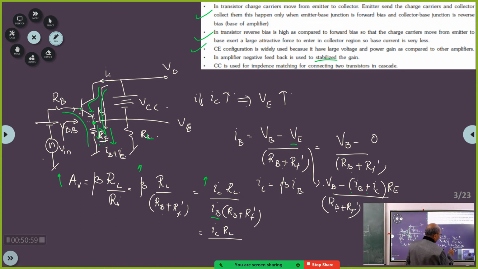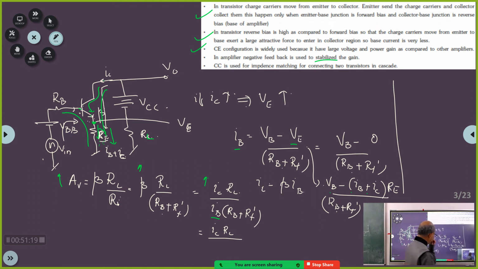Now you see here. So IB is equal to what? VB minus (IB plus IC) into RE, divided by RB plus RE. Okay, I will elaborate this.